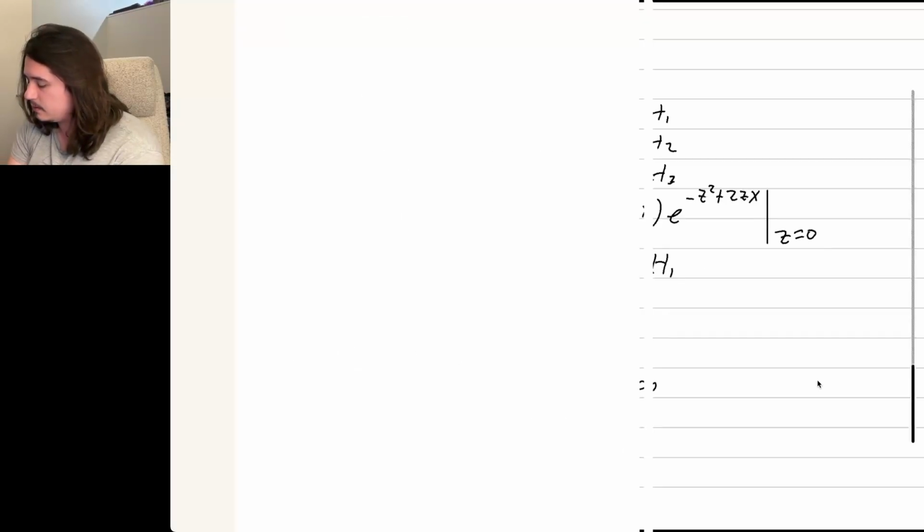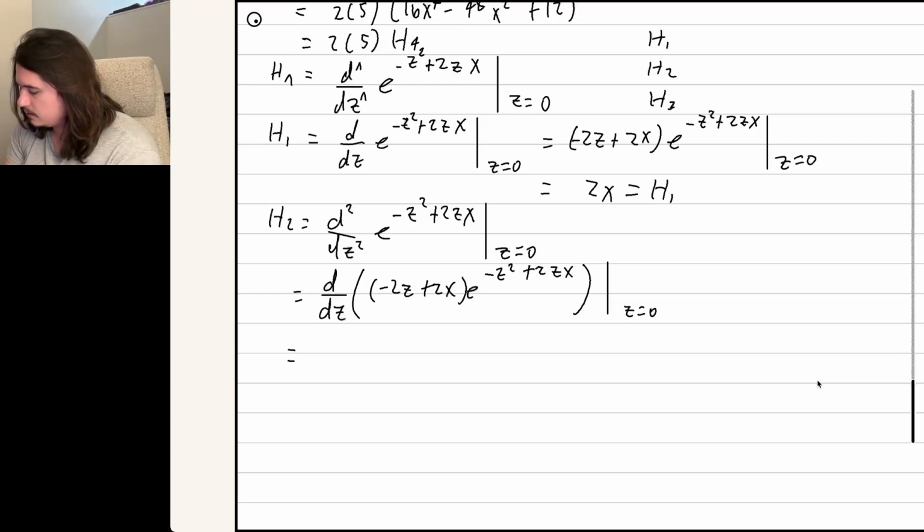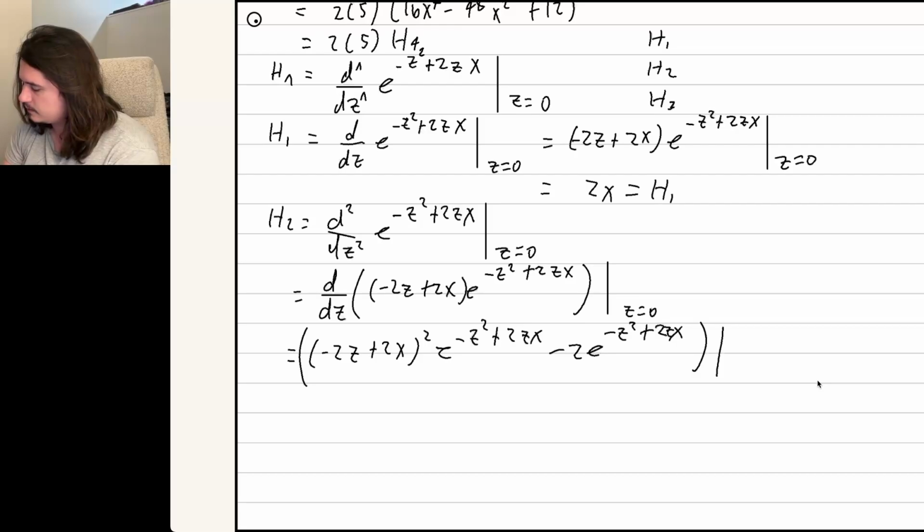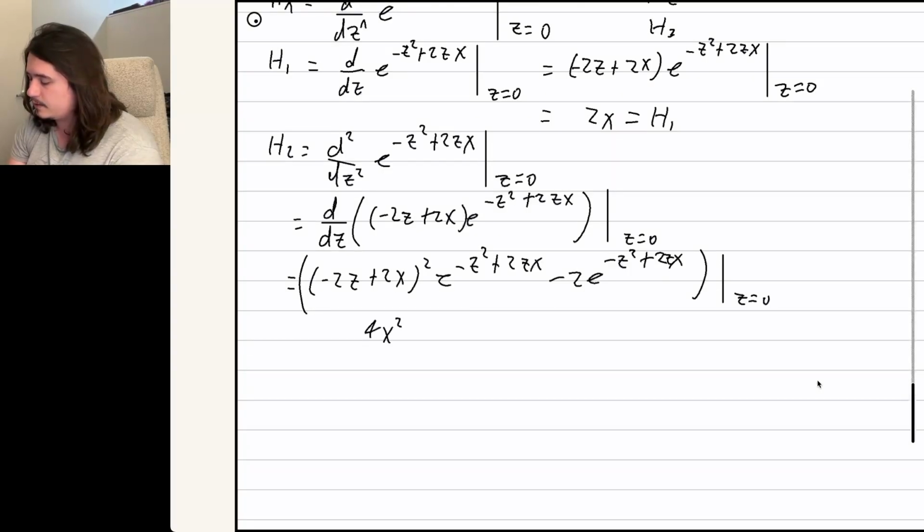So it's going to be minus 2z plus 2x squared times e to the minus z squared plus 2zx, and then minus 2 times e to the minus z squared plus 2zx, all evaluated at z equal to 0. So you get 4x squared minus 2. That's h2.